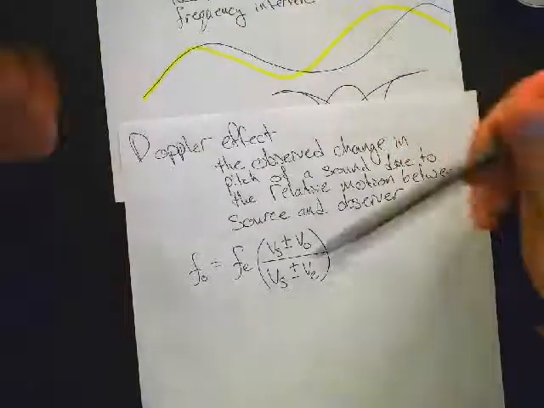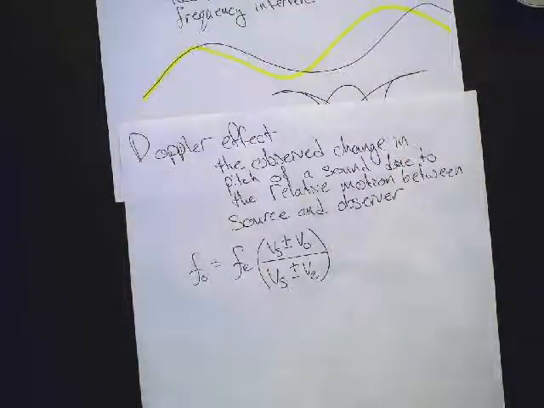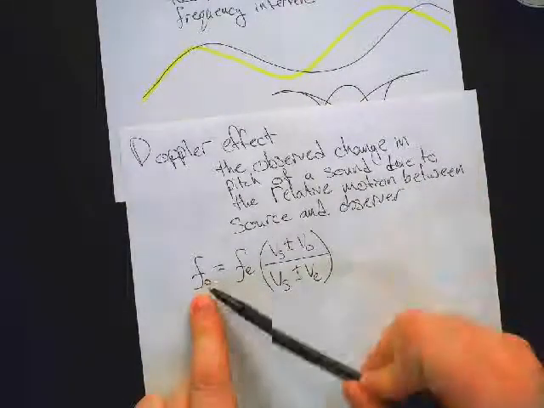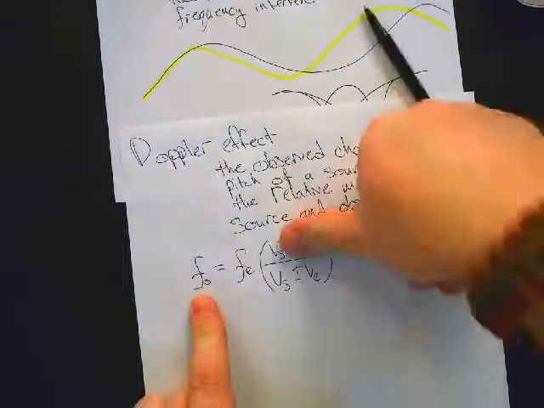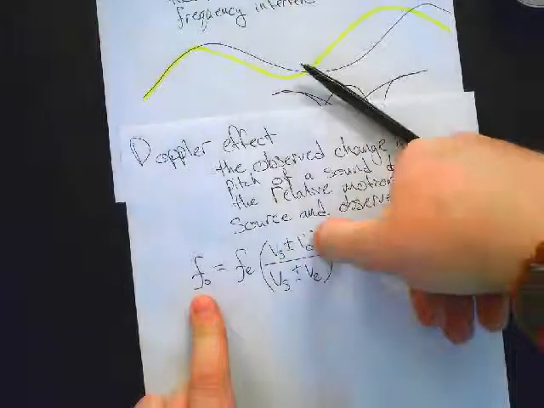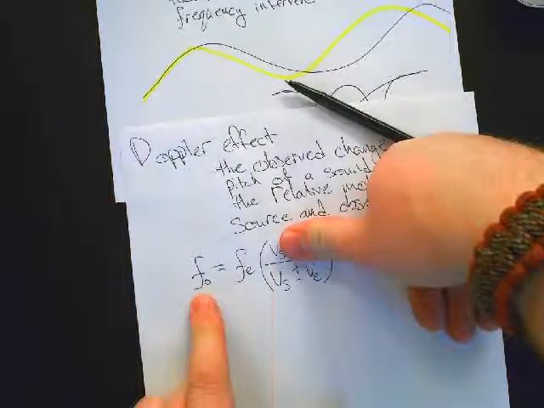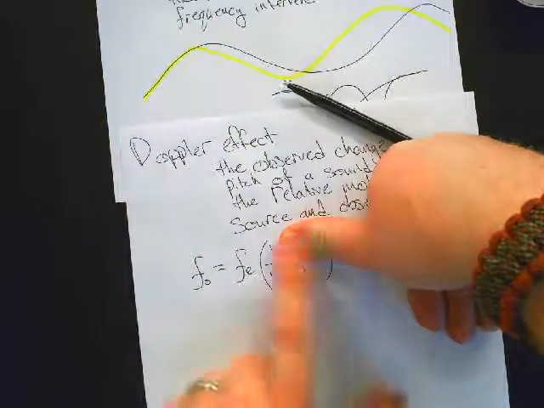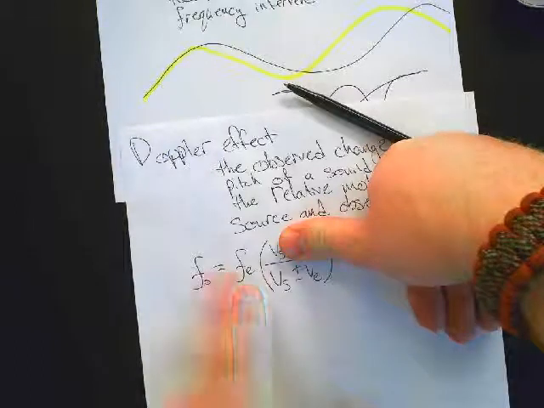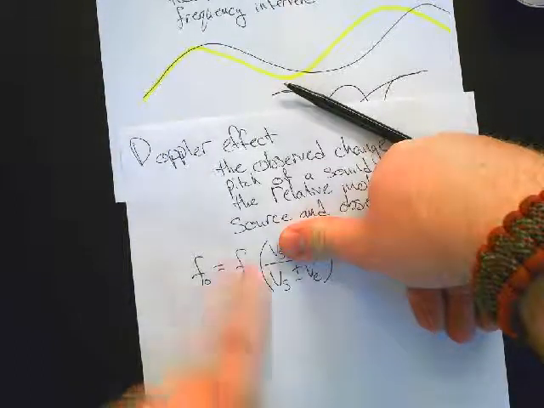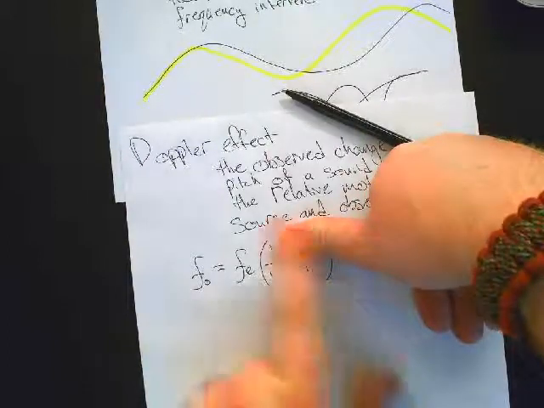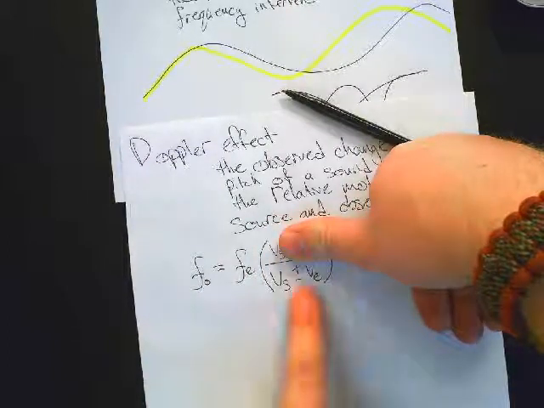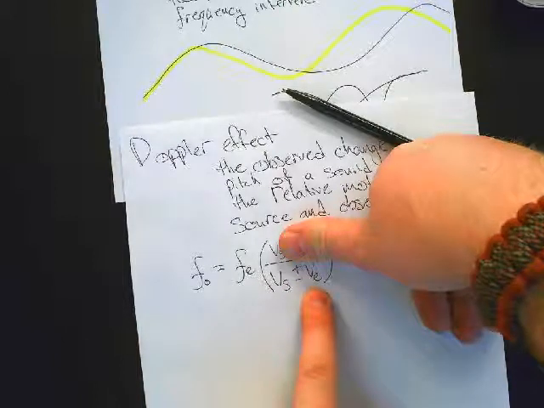All right, so we just identified that if the siren's approaching you, the observed pitch should be higher, correct? Meaning that if we have a stationary observer, VO is 0, this needs to be a ratio that is greater than 1. So if I want this to be a ratio that's greater than 1, do I want to add or subtract the velocity emitted?